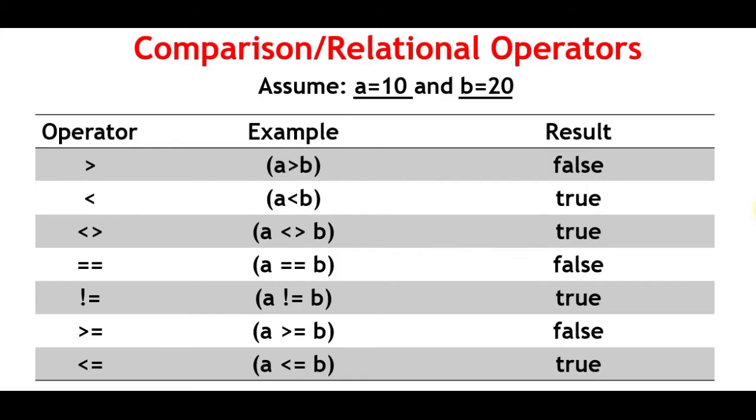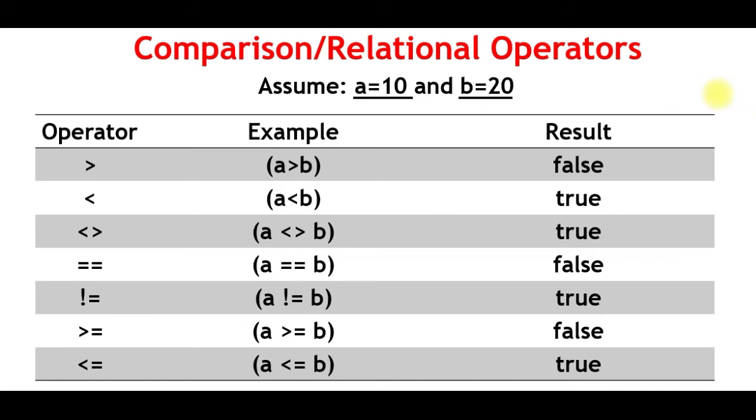Next is the comparison or relational operators. Here we have 7 types of comparison or relational operators. When we say comparison or relational operators, the answer is always either true or false. These relational operators compare the left operand to the right operand.